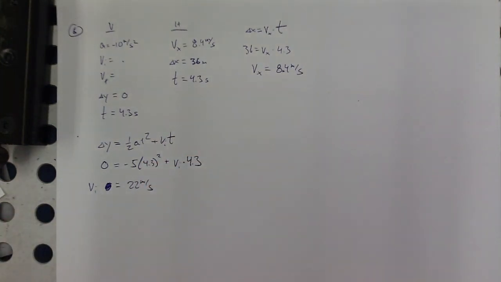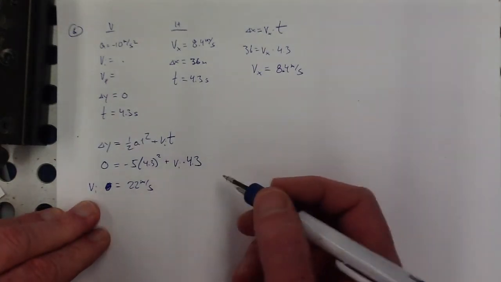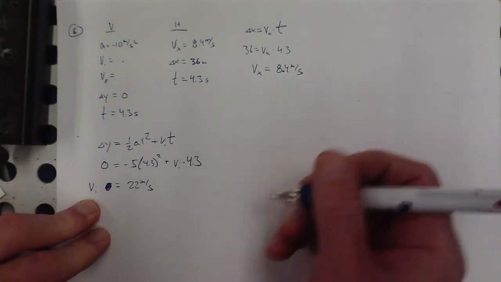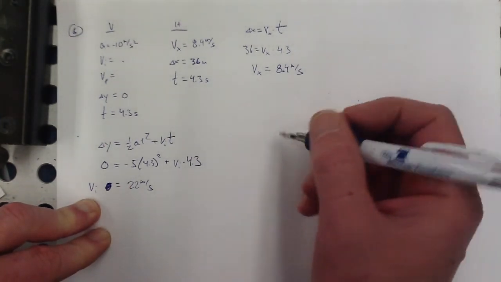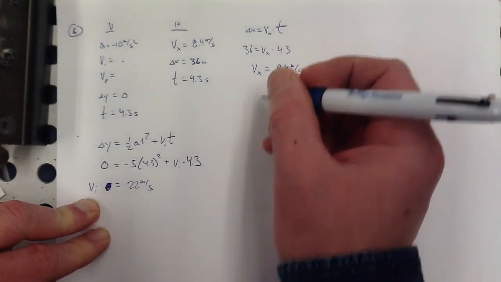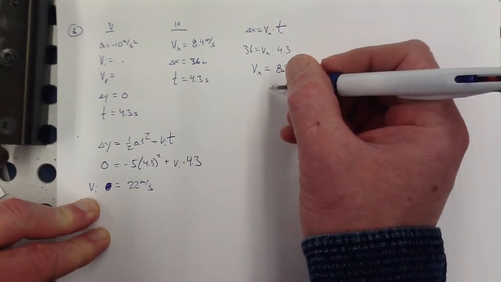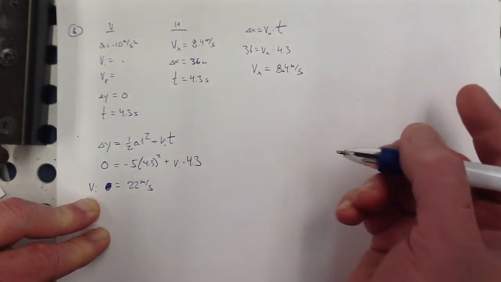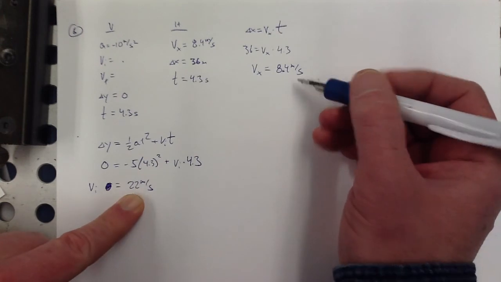We're being asked for how fast and at what angle was the rock launched. So if you think about where we start most of these problems, we start with some kind of little triangle where I've got the velocity, and then I break it up into the two parts. Well, this time I've got the two parts.